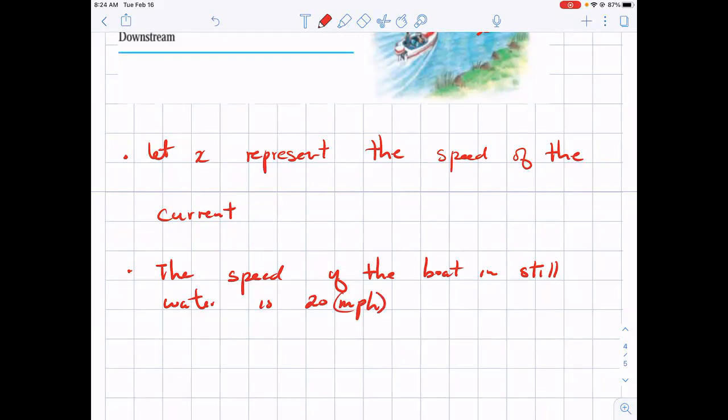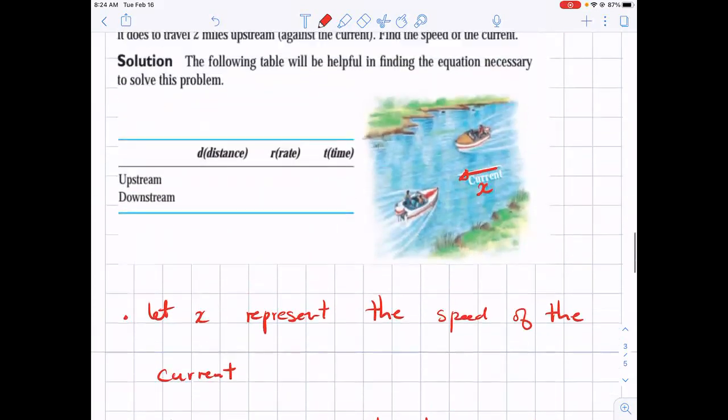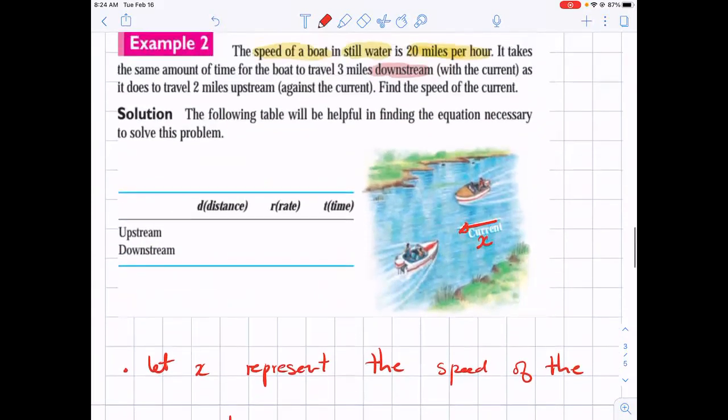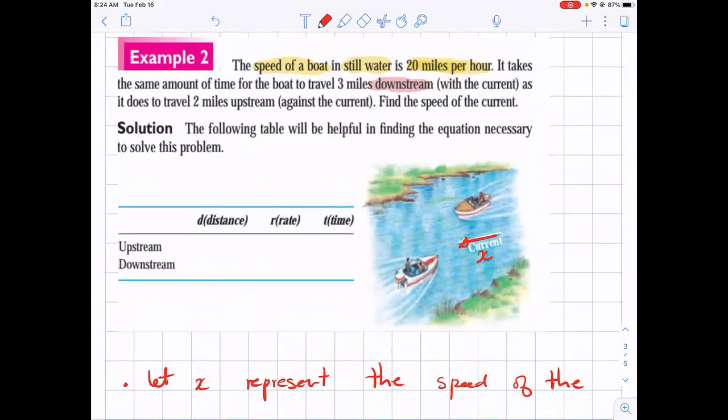Now, the speed of the boat upstream. Now remember, it takes the same amount of time for the boat to travel 3 miles downstream, that's with the current, as it does 2 miles upstream.